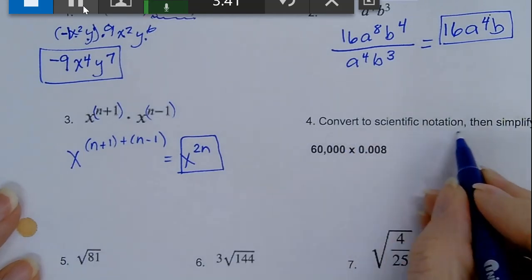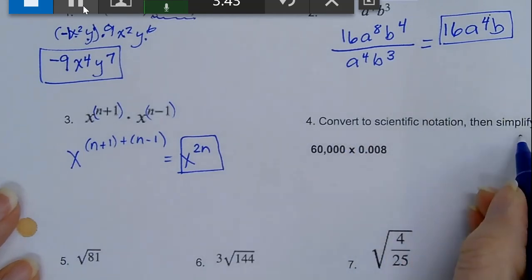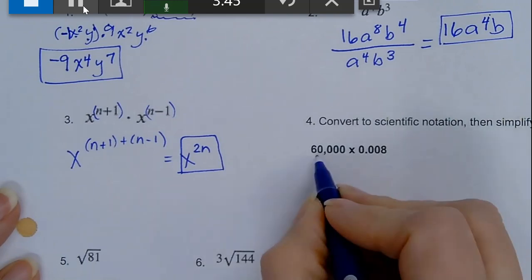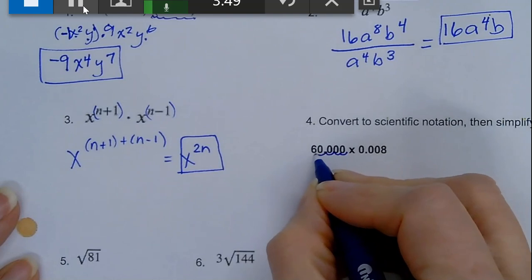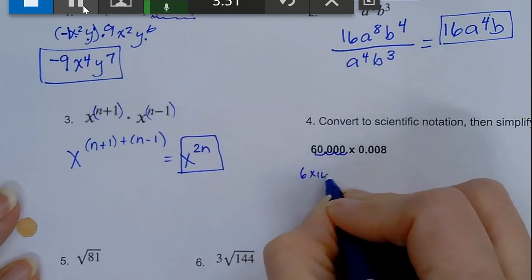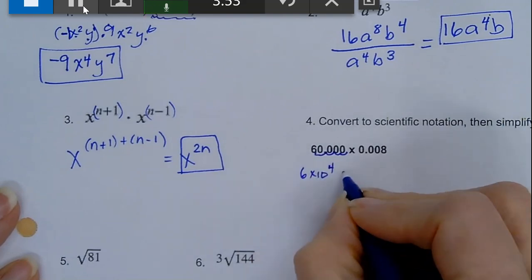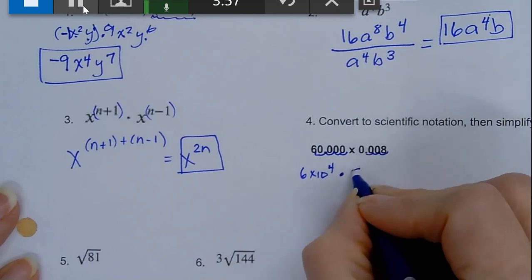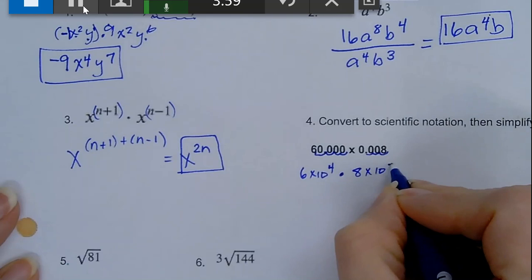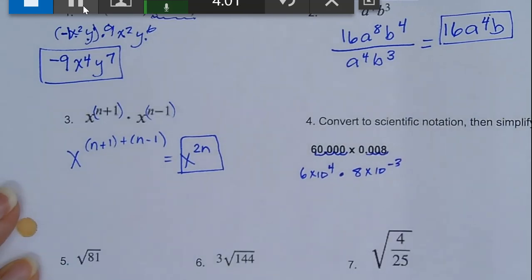All right, here we're going to convert to scientific notation, and then we're going to simplify. So 60,000 is 6 times 10 to the 4, times 8 times 10 to the negative 3, because it's a small number, right?